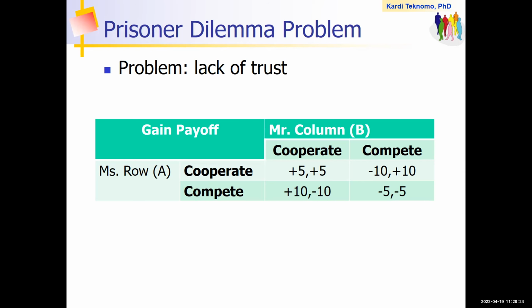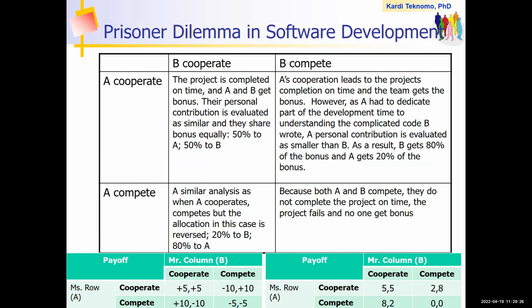Okay, so I give you a real world situation. In a software development company, say we have two teams. If both of them cooperate and the project is completed on time, team A and team B will get a bonus.